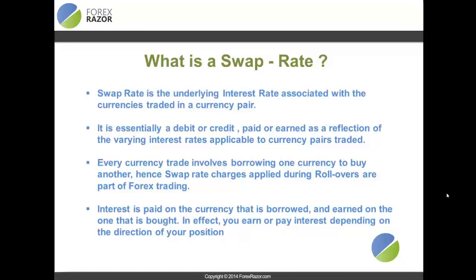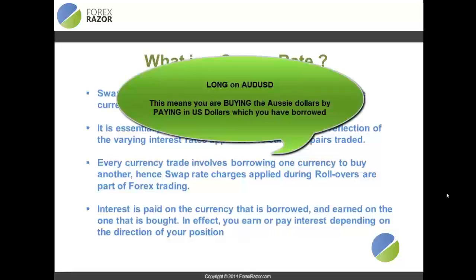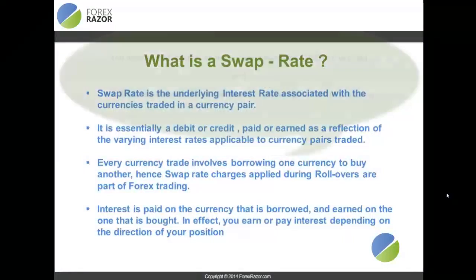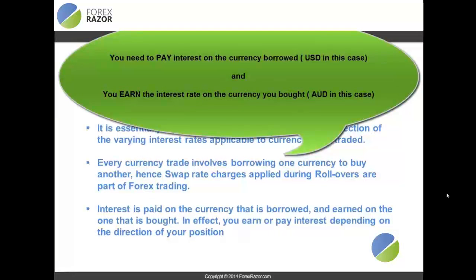Every currency trade that you place or perform on your account involves borrowing one currency to buy another. For instance, let's say you go long the Aussie dollar. This means that you're essentially borrowing US dollars to buy Australian dollars. Since you've borrowed the US dollars, you would need to pay an interest rate for the borrowed US dollars.